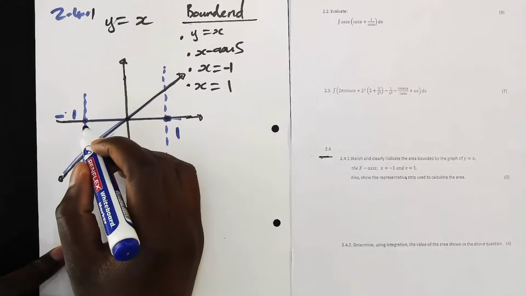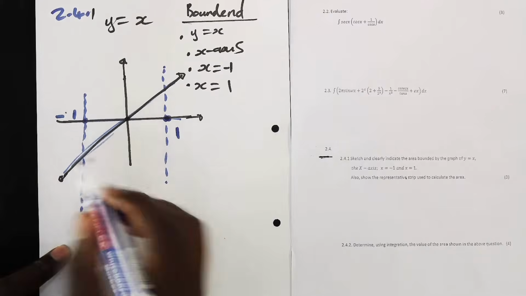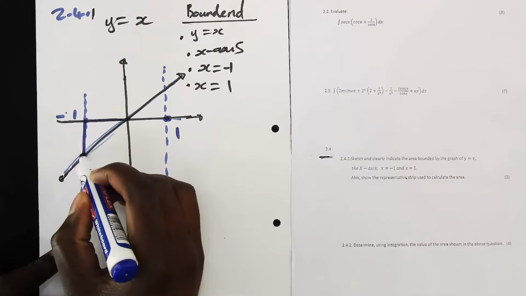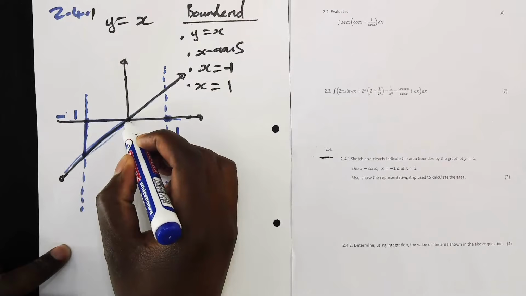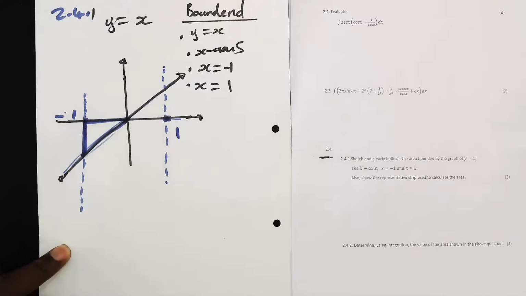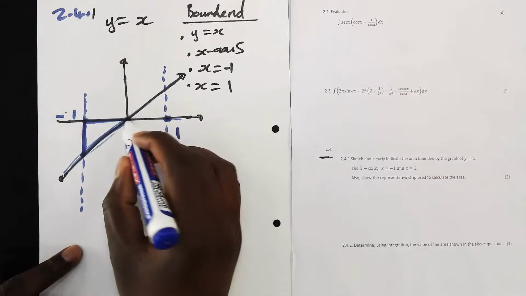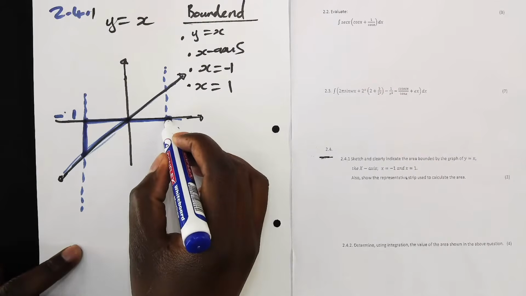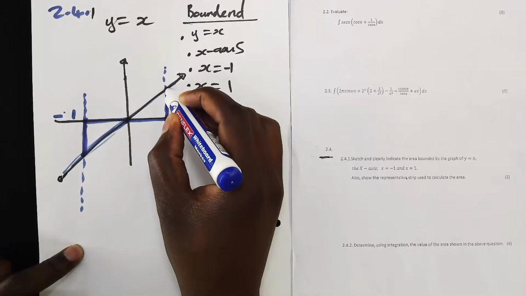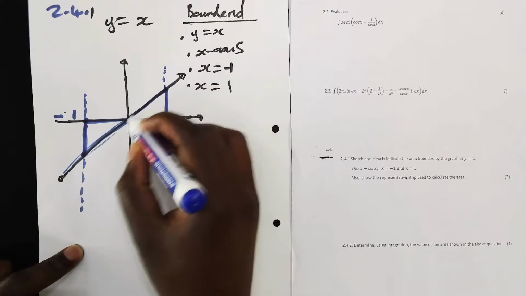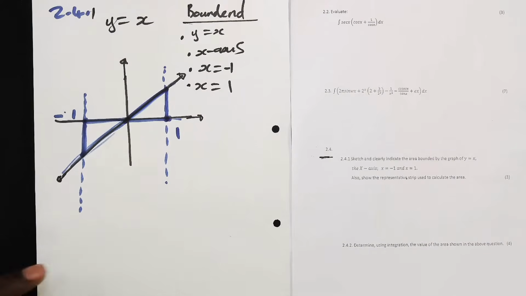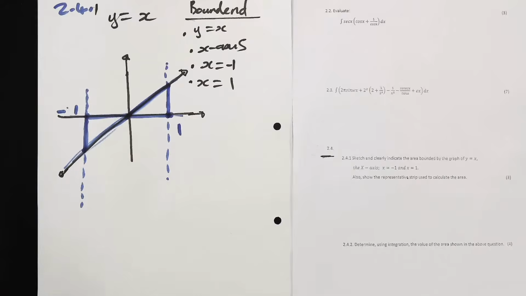So we must calculate the area or show the area which is bounded by the x-axis, by x equals minus 1, by y equals x. I hope you see we have a triangle here. And again, by the x-axis, by the line x equals 1 and by y equals x, I hope you see now we have two triangles.